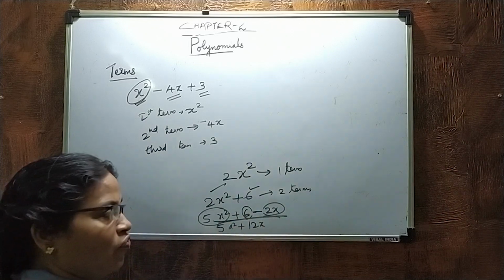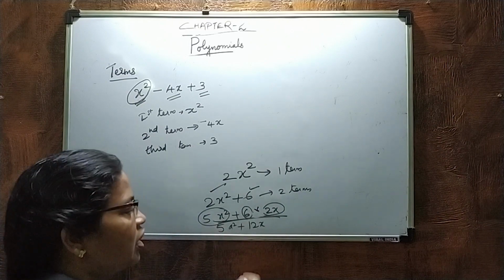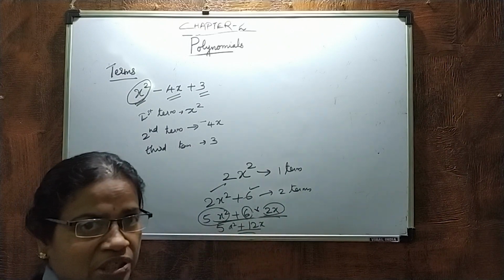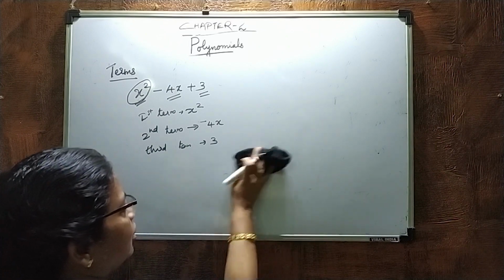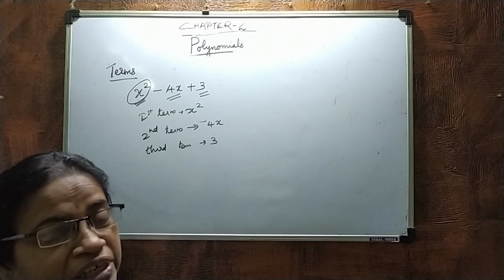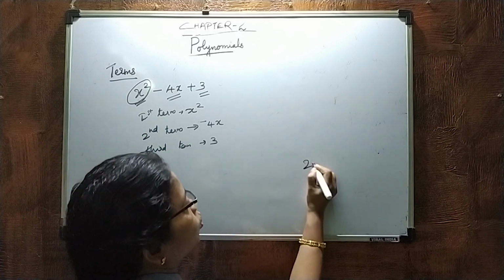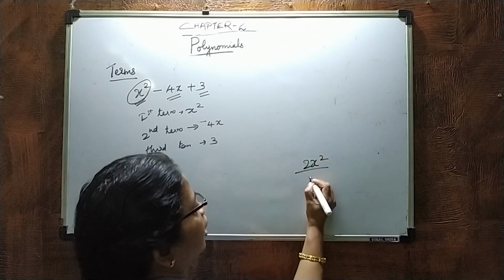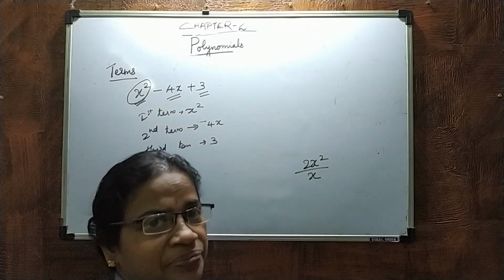When it becomes multiplication, it becomes 2 terms. Once again I will tell you, with multiplication and division, there is no need to think about an increase in the number of terms. Now look, suppose it is 2x square divided by x. Can you say it is 2 terms?